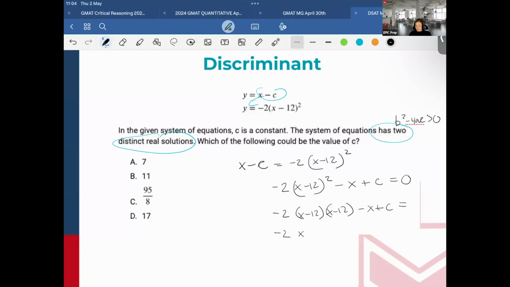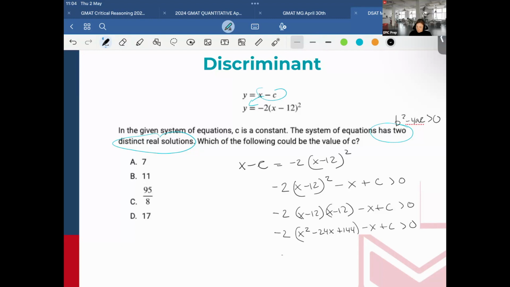So then it becomes x squared, minus 24x plus 144 inside here, minus x plus c. Sorry. We should have this all greater than 0. Okay, now I can distribute the 2 to everything.